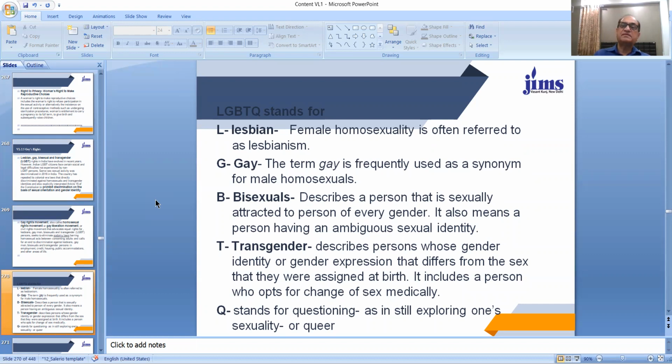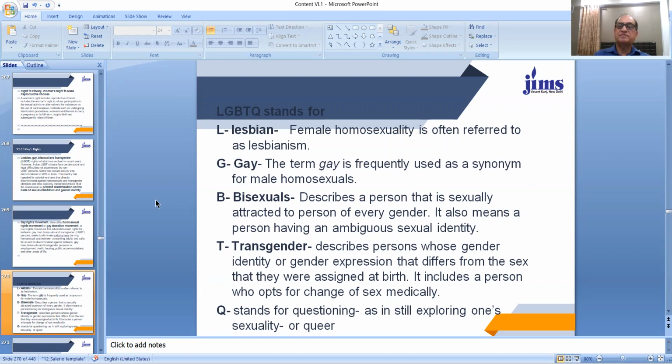So, lesbian may be defined as female homosexuality, which is often referred to as lesbianism. G stands for gay, and gay may be defined as a term frequently used as a synonym for male homosexuals. B is for bisexuals.